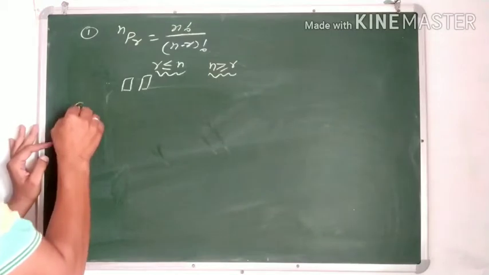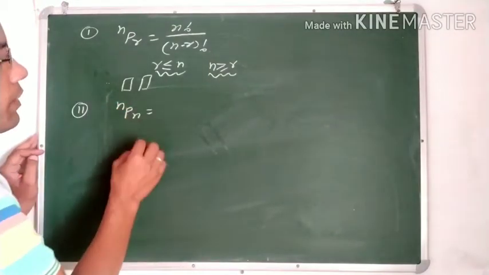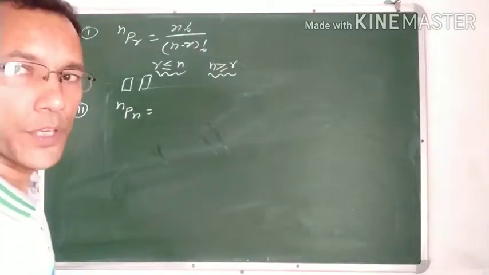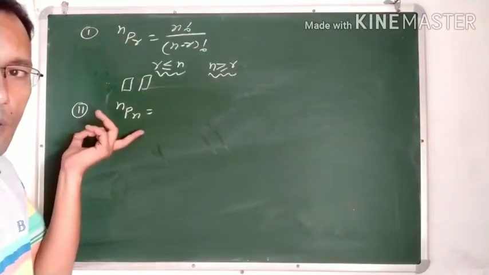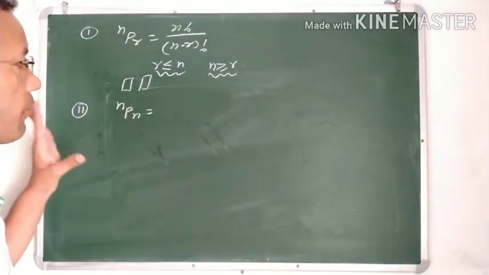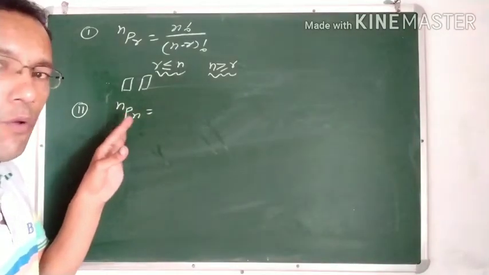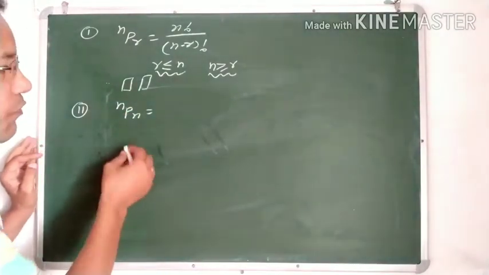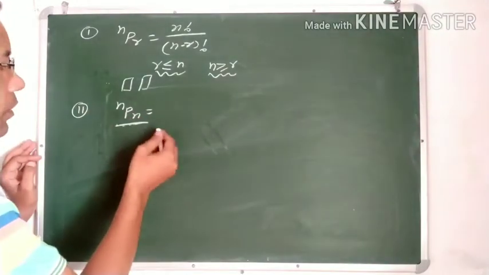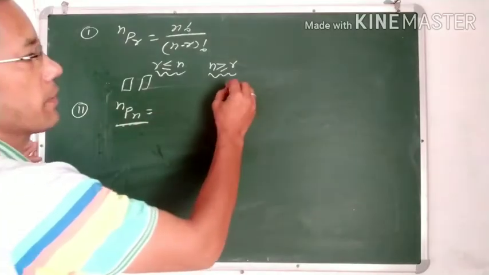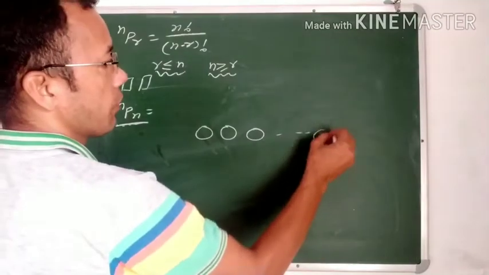Okay, now the second is nPn, right? nPn, what does it mean? Out of n objects, how many objects are we going to pick? We have n objects, and we are going to choose all n objects. Before solving such problems, just check this: 1, 2, 3, dot dot dot, this is n objects.